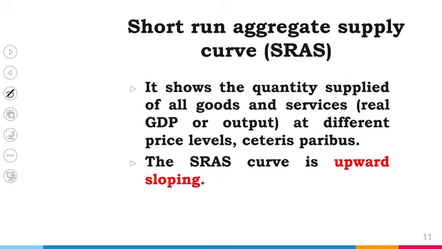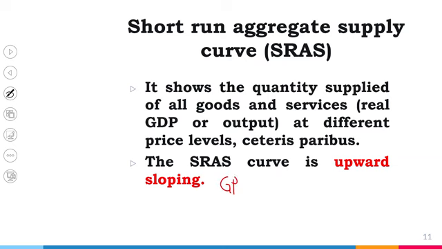It shows the quantity supplied of all goods and services, or real GDP or output, at different price levels, ceteris paribus. And the short run aggregate supply curve is upward sloping due to the direct relationship between the real GDP quantity supplied and the general price level.